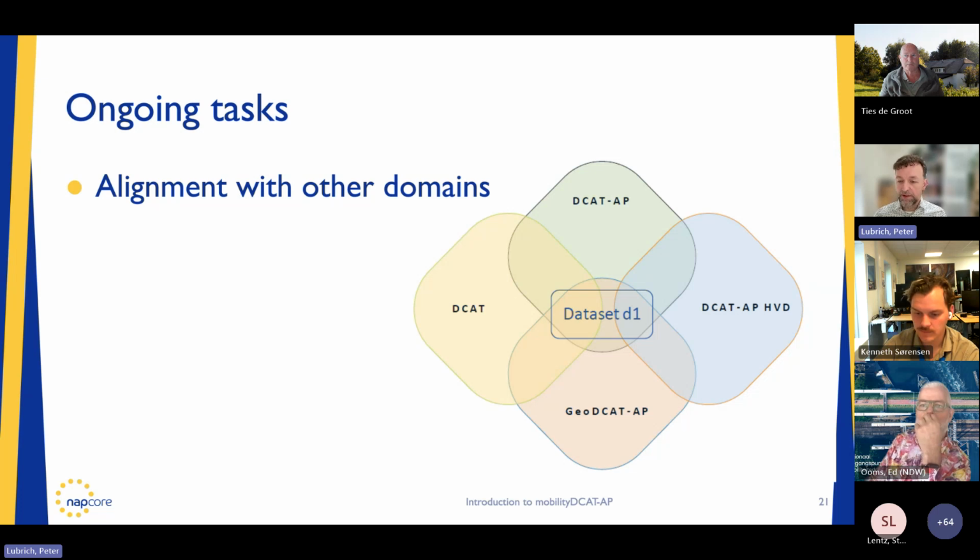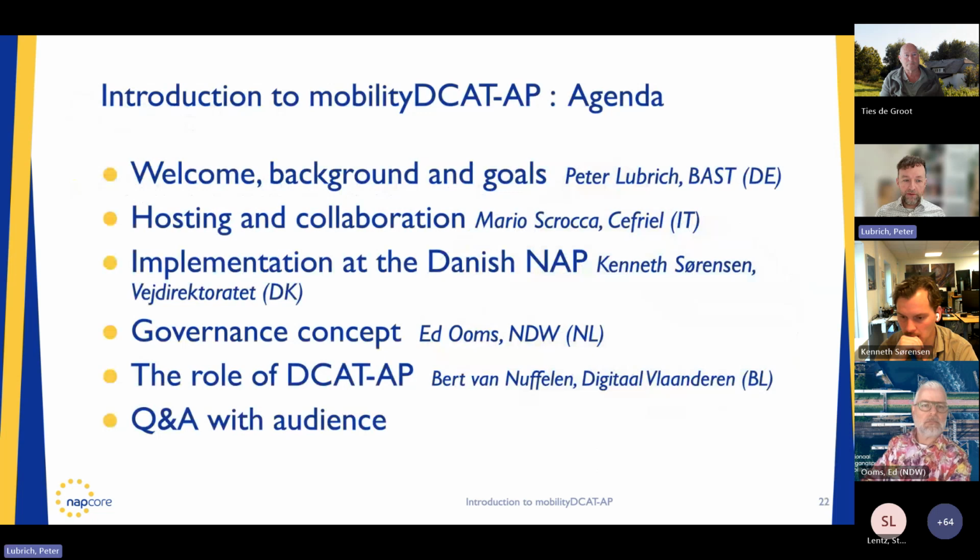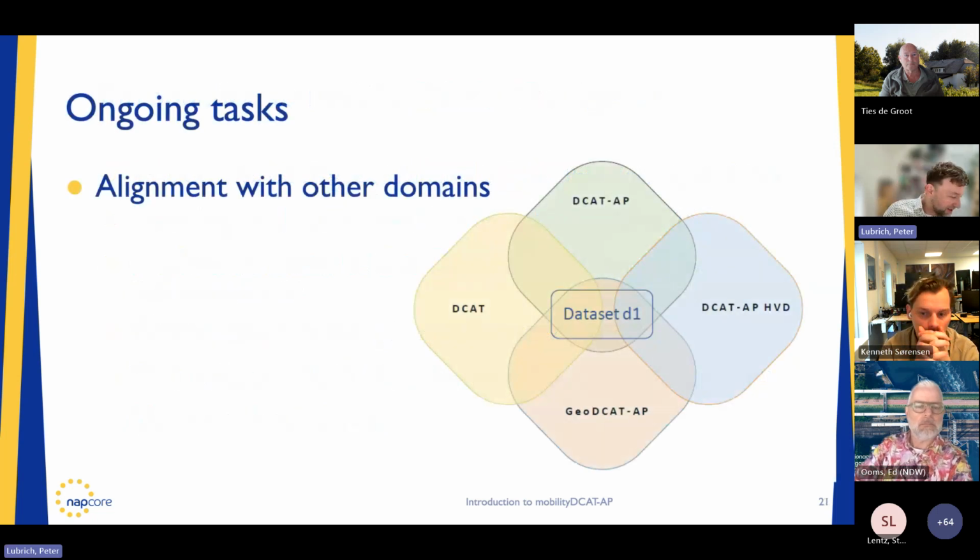But of course, there are some overlaps, but there are also some questions, issues that have to be discussed. But this is how this is done in the DCAT-AP domain. So there are webinars, there are issues, there's the GitHub to make this all as harmonized as possible. So alignment with other domains is the title here. And this was all from my side.